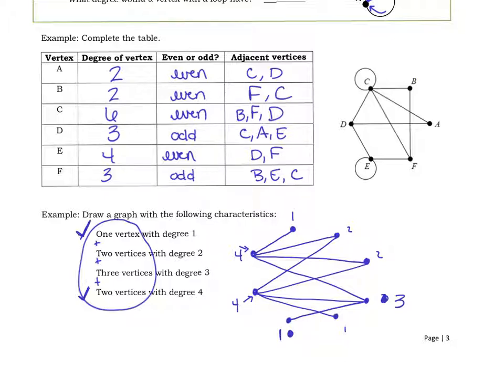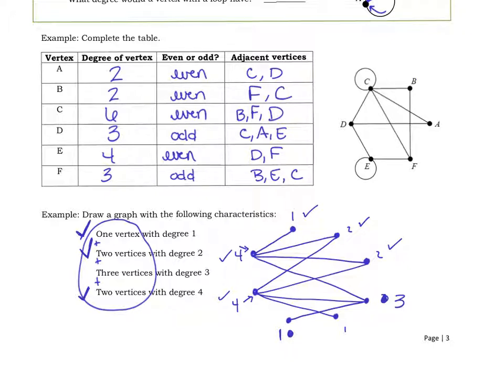And so looking at my goal here, I do have 2 vertices with degree 2. I have my vertex with degree 1. I've got my vertices with degree 4. So the question is, I need 3 vertices with degree 3. How can I make that happen?